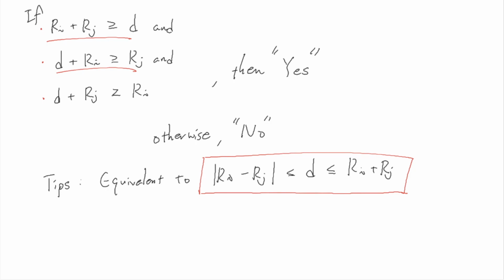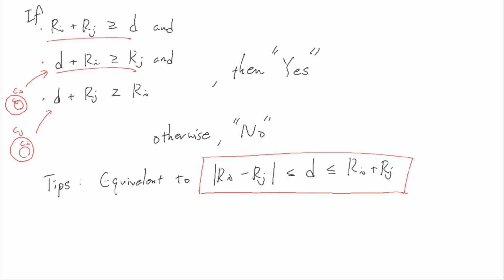That's because the second condition is that the circle Ci contains Cj, but we have to think about the case that Cj contains Ci.